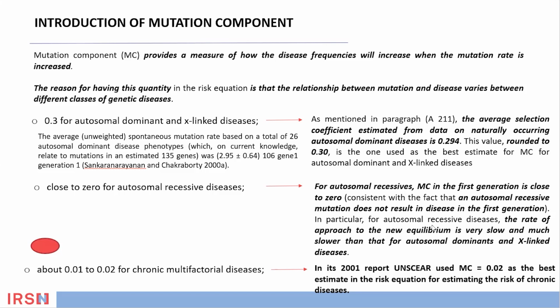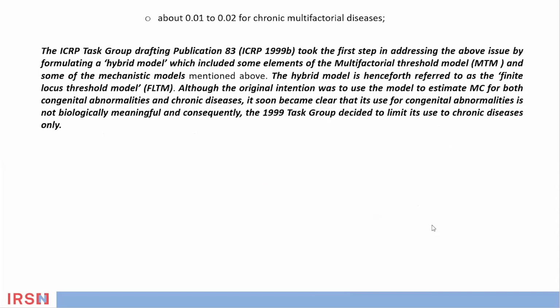And it's very complex for chronic and multifactorial disease. It was calculated from 0.01 to 0.02. But in the UNSCEAR report of 2001, they decided to use 0.02 for risk of chronic disease.